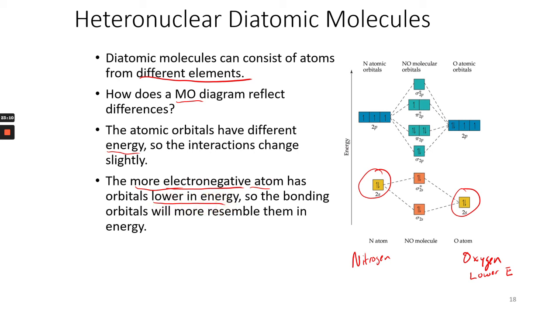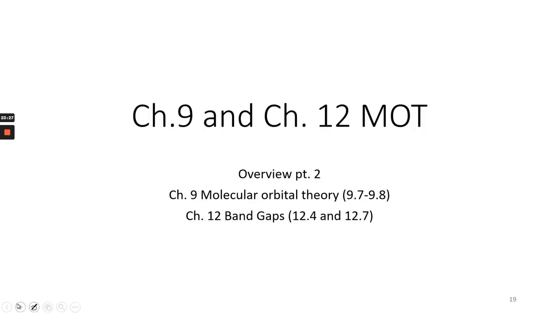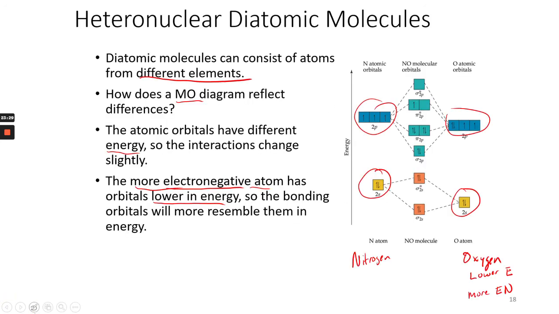So oxygen is more electronegative and it has lower energy, even for the P's. Compare the P's. See that? So that is the subtle difference between homonuclear and heteronuclear diatomic molecules. And that is the end of part 1.